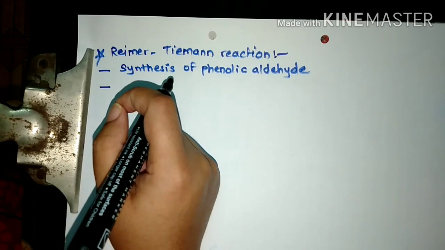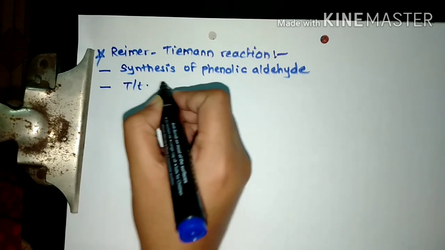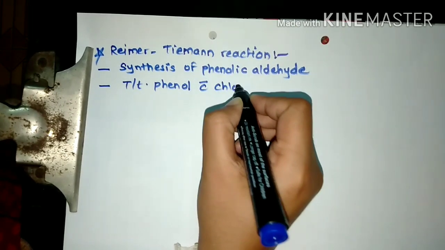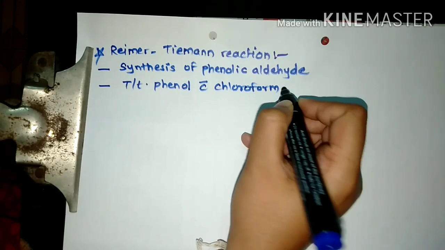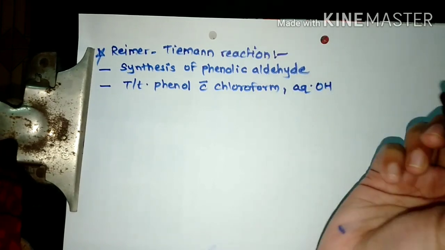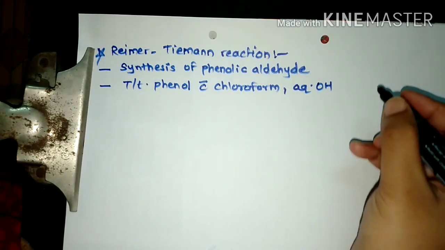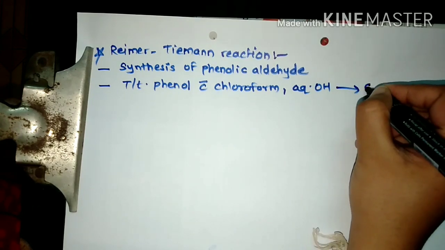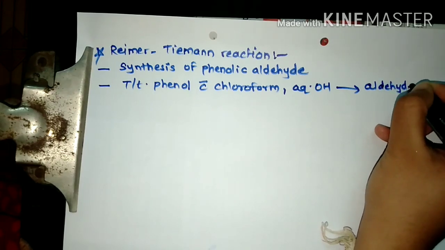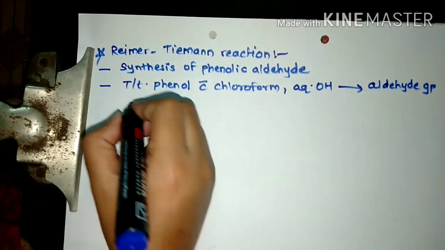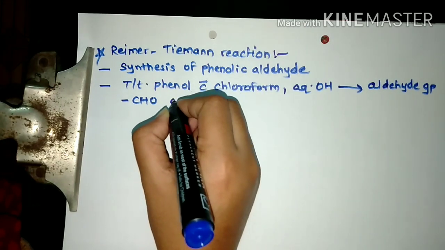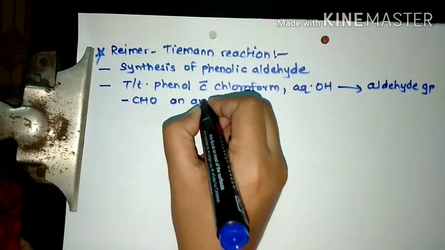In this Reimer Tiemann reaction, what will happen? The treatment of phenol with chloroform takes place in presence of aqueous OH to give you introduction of aldehyde group, that is CHO on aromatic ring.